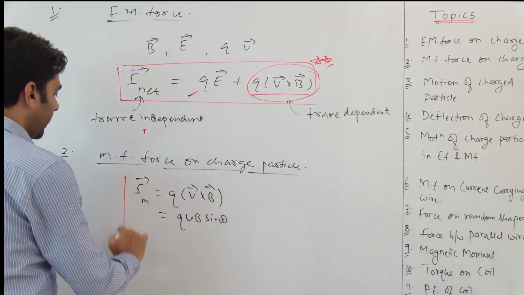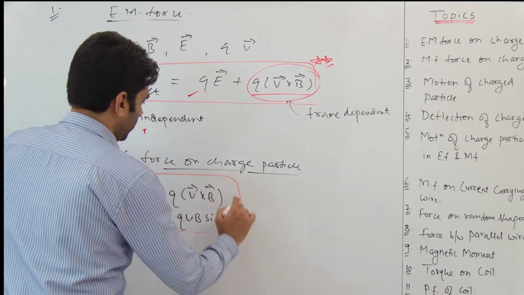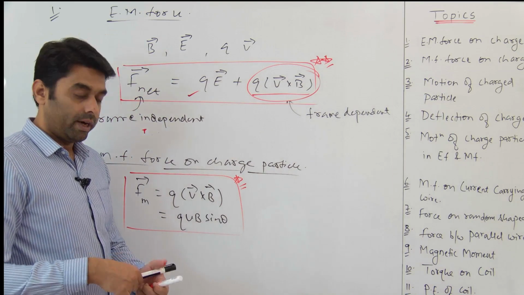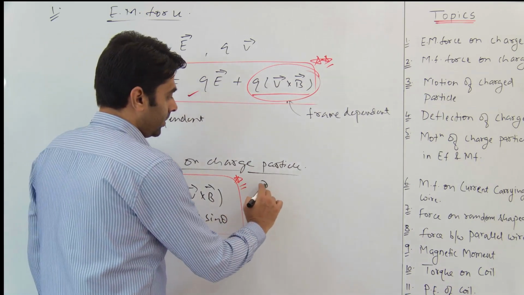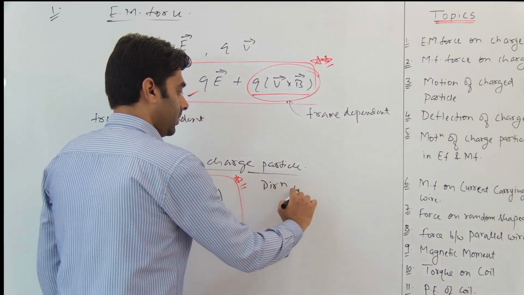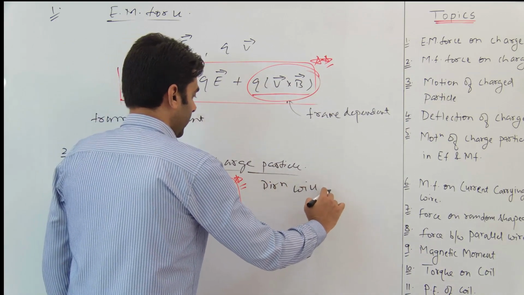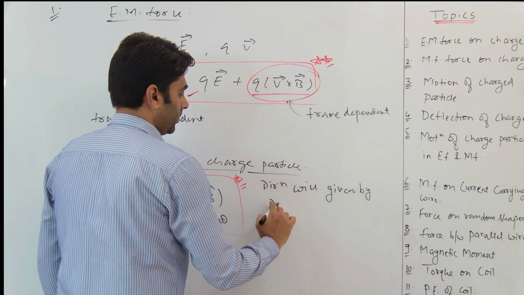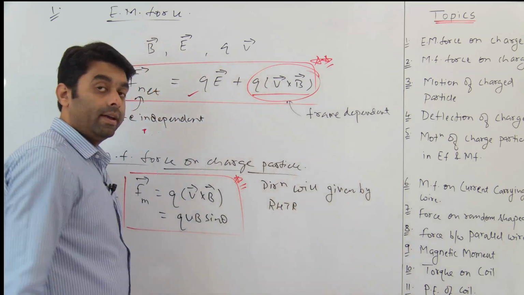This is our magnetic force on a moving charged particle, right? That is the magnitude. Force is a vector quantity. What will be the direction? Direction will be given by the right hand thumb rule.